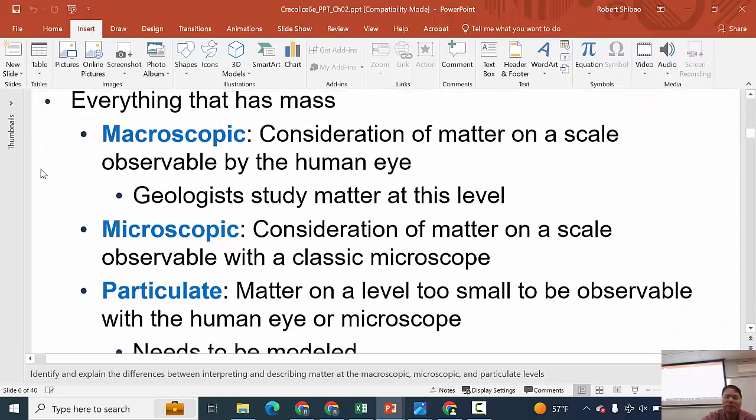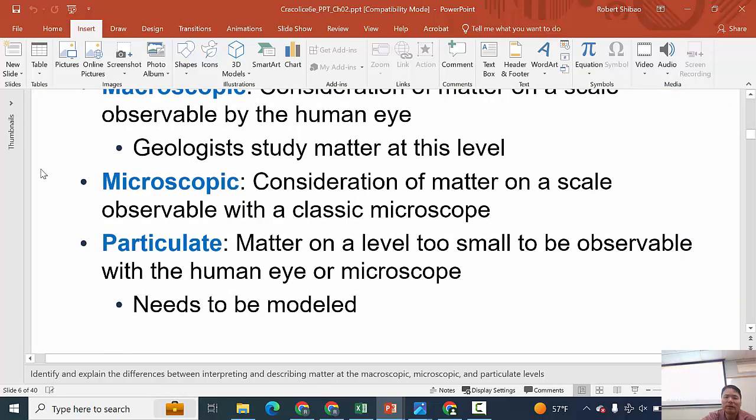Microscopic, skip that. Basically, we need a microscope. A microscope would be like an optical microscope, versus there are other types of microscope that can probe at a much deeper level. For example, a scanning electron microscope. Have you ever heard of that? Or a scanning tunneling microscope.